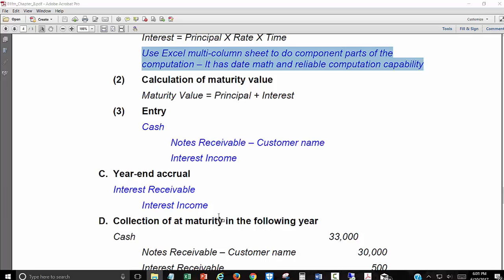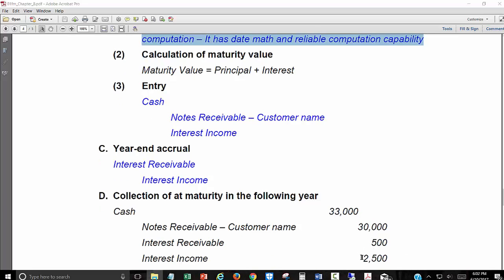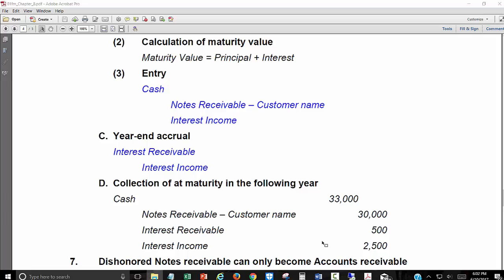Let's say, for example, we had a note receivable with a maturity value of $33,000, so that's $30,000 of principal, $3,000 of interest, and we'd previously had $500 of interest receivable accrued on it. The remaining $2,500 of the interest component would be interest income for this future year, and $500 would be for the preceding year. So we'd have 4 accounts involved in our journal entry to recognize the collection of that note.